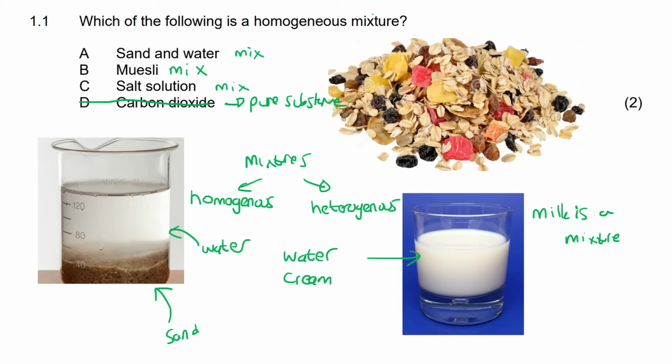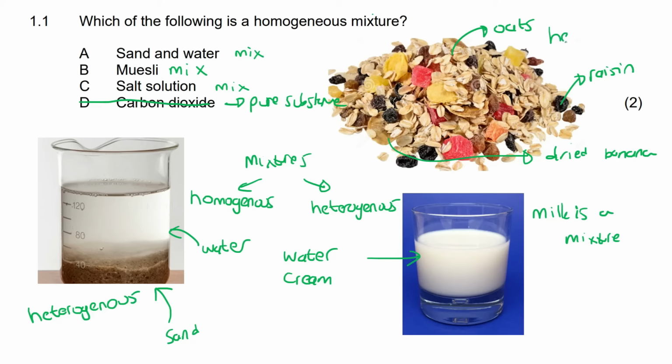Okay, so when I can see different parts, that is called heterogeneous. Now, if I look at muesli, I can see there's the oats part, there's a raisin, and, for example, a dried banana, and a whole bunch of other stuff. But the point is that I can see different parts. So because I can see different parts, that is heterogeneous.